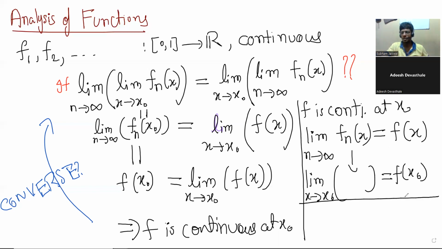Now, on the left hand side, we are given that f1, f2, f3, and so on and so forth are continuous. So the limit of fn of x as x tends to x naught will be fn of x naught, obviously. That's by continuity of the fn's. Given condition.